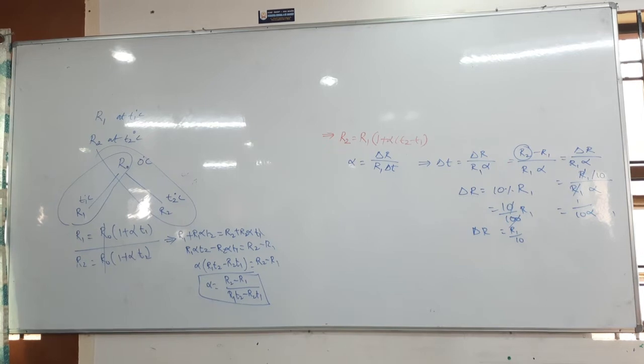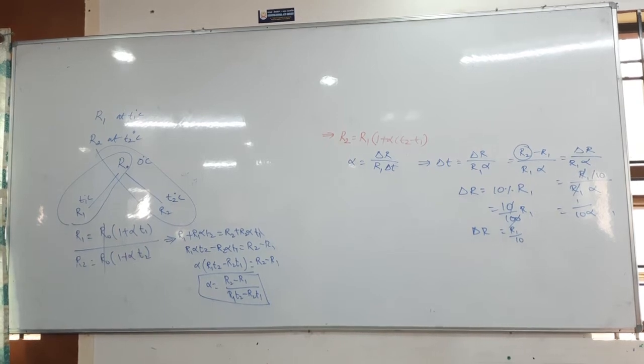What is the steady temperature of the heating element if the room temperature is 27 degrees Celsius? Room temperature is 27 degrees Celsius.